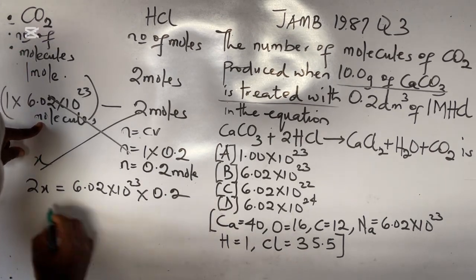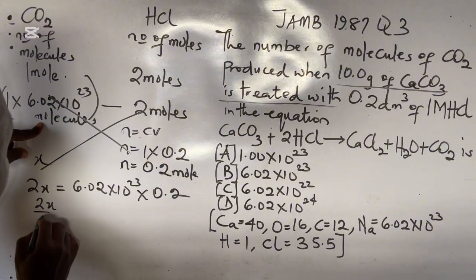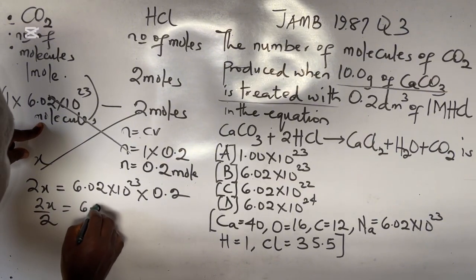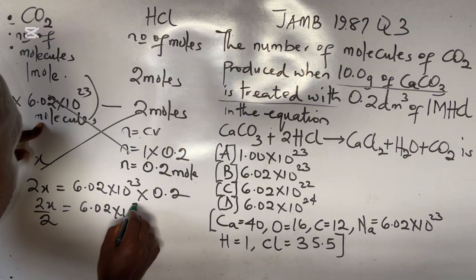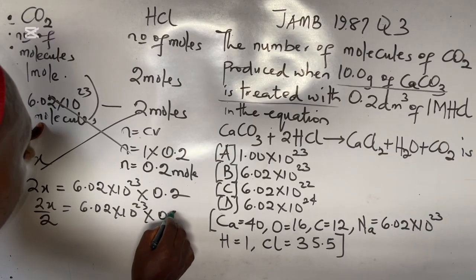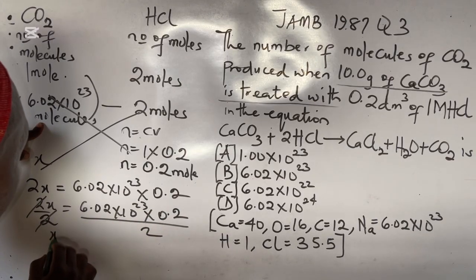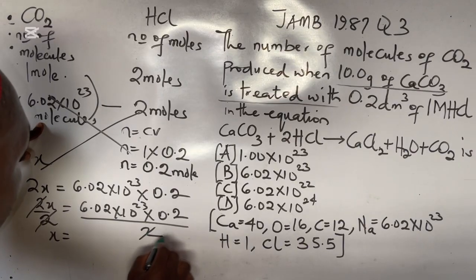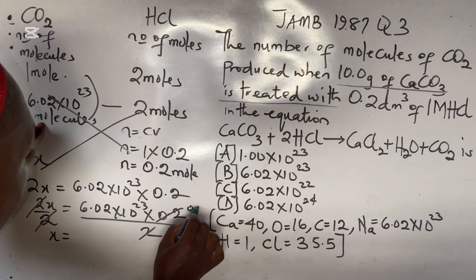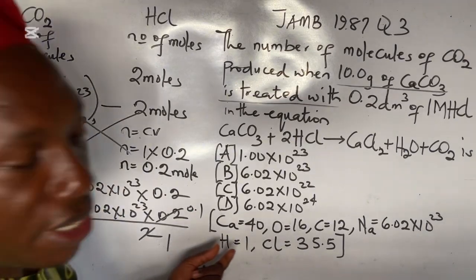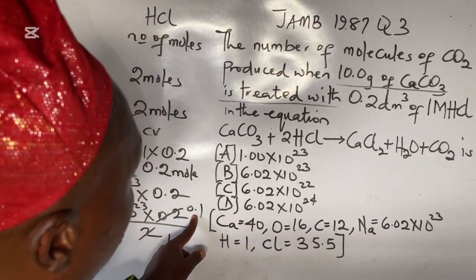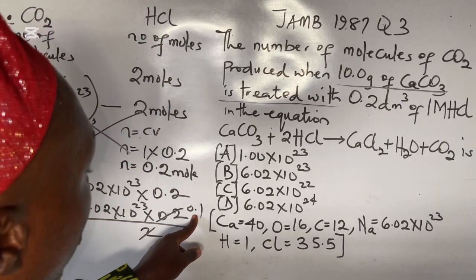So we divide both sides by 2. We have 2x over 2, and 6.02 times 10 raised to the power 23 times 0.2 over 2. So 2 cancels 2, and our x is 6.02 times 10 raised to the power 23 times 0.2 over 2. 0.2 over 2 is 0.1. From the law of indices, this means 1 times 10 raised to the power minus 1.